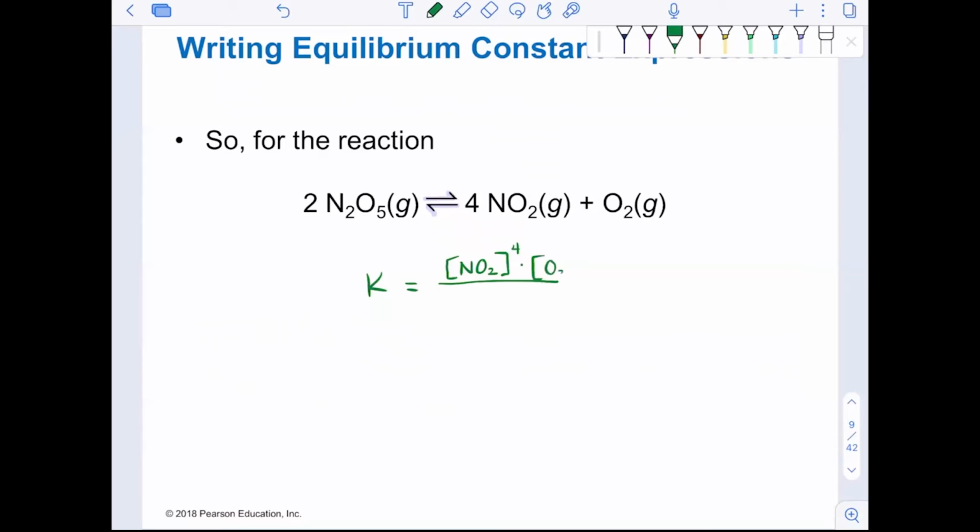We multiply it by any other product. Oxygen. Oxygen has a coefficient of 1 in front of it, so the exponent would be 1. All right, divided by reactants. N2O5 to the 2nd power. There's our equilibrium constant, K.